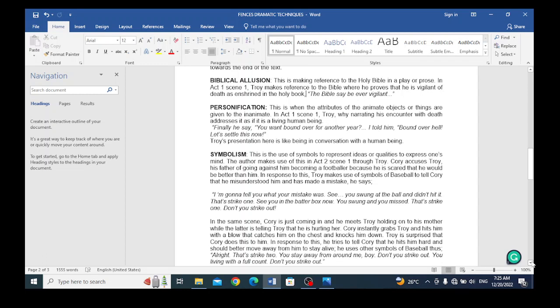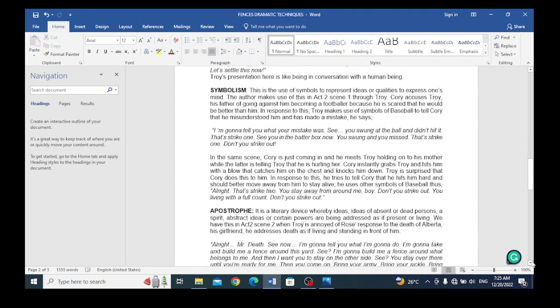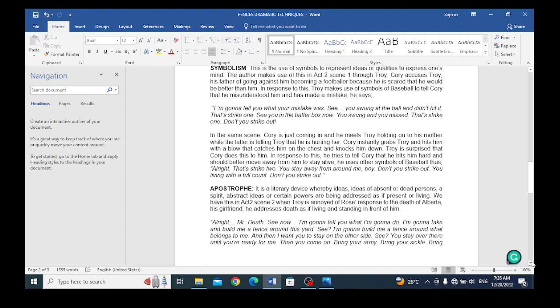In response to this, Troy makes use of symbols of baseball to tell Corey that he misunderstood him and has made a mistake. He says, quote, I'm gonna tell you what your mistake was. See, you swung at the ball and didn't hit it. That's strike one. See, you in the batter's box now. You swung and you missed. That's strike one. Don't you strike out?